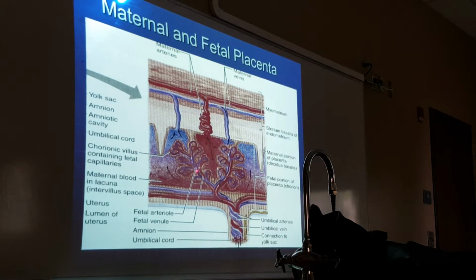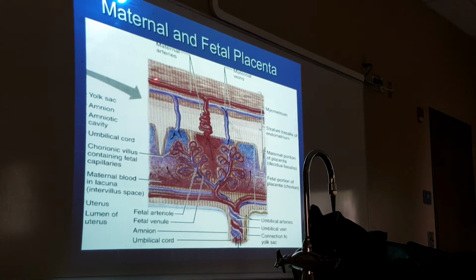It arrives at the chorionic villus and goes up into it, and the vessels become capillaries, and waste products diffuse out through the walls of the capillaries into this pooled maternal blood, and so the waste products from the fetus diffuse into the blood and pass into the veins of the mother in the decidua basalis, the maternal placenta.